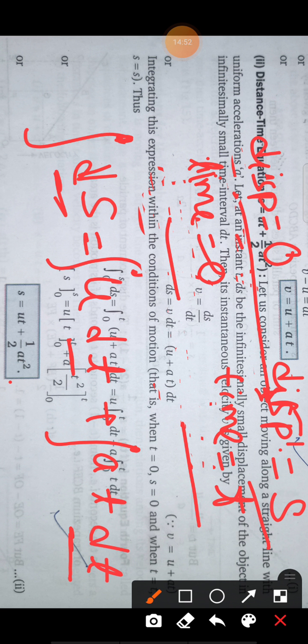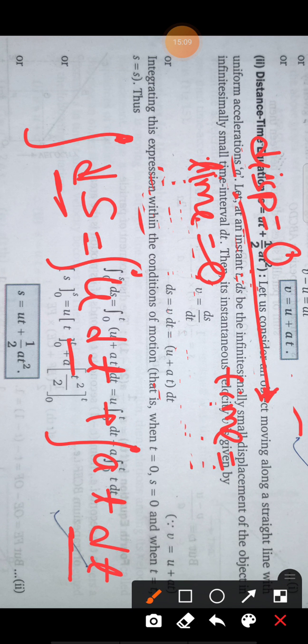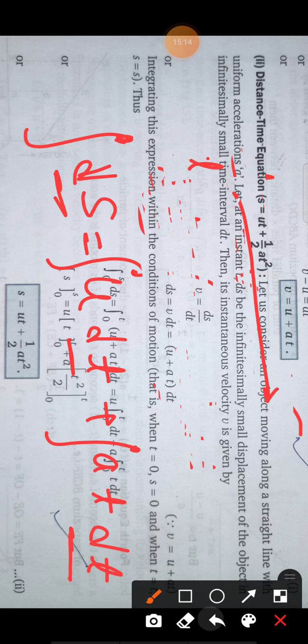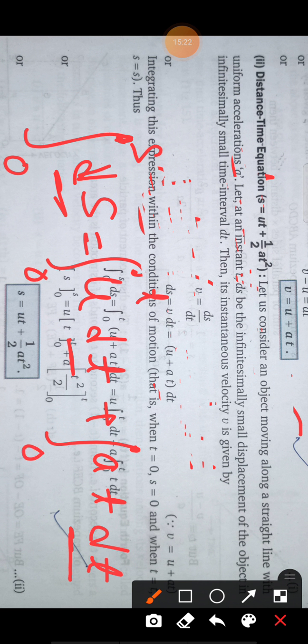So the limit of displacement is from 0 to s, and the limit of time is from 0 to t. Now you just have to integrate. So the limits are 0 to s, 0 to t, and 0 to t.